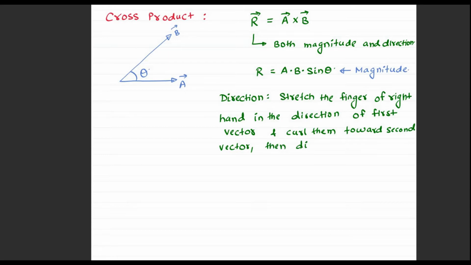Then direction of thumb gives direction of resultant vector R.